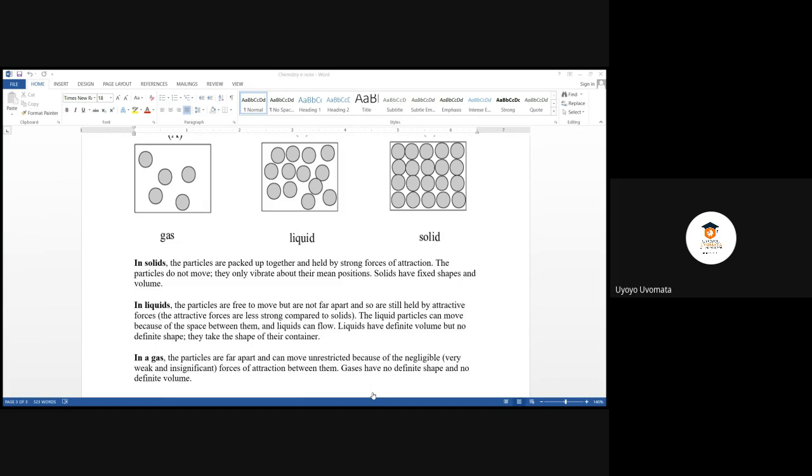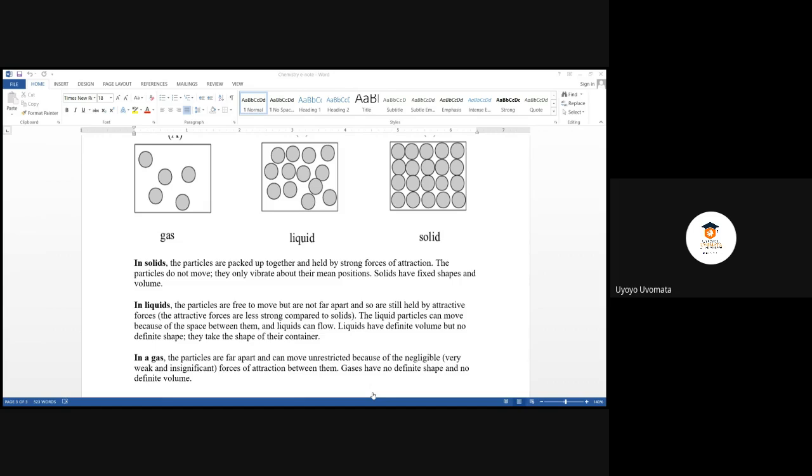Now, because of the way the particles in liquids are arranged, they do not have a definite shape. Why? Because they take the shape of the container. So if the container is in the form of a cylinder, the liquid will take a cylindrical shape.